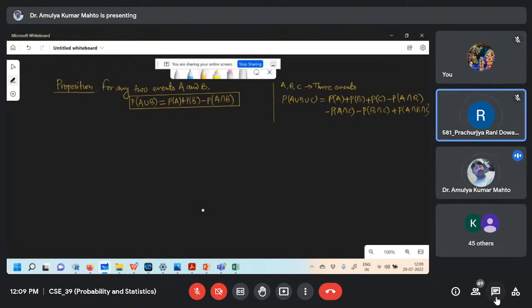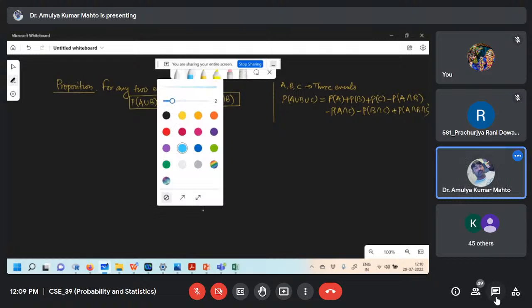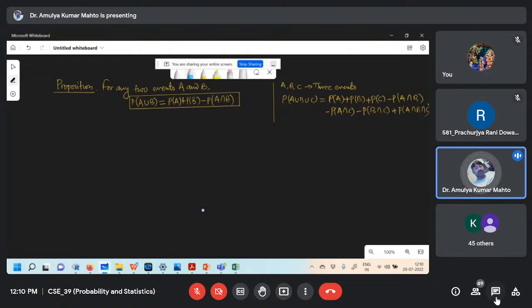Let me discuss some examples. This is one of the important examples. Probably this kind of problem will be asked in the quizzes as well as in the mid semester examination.